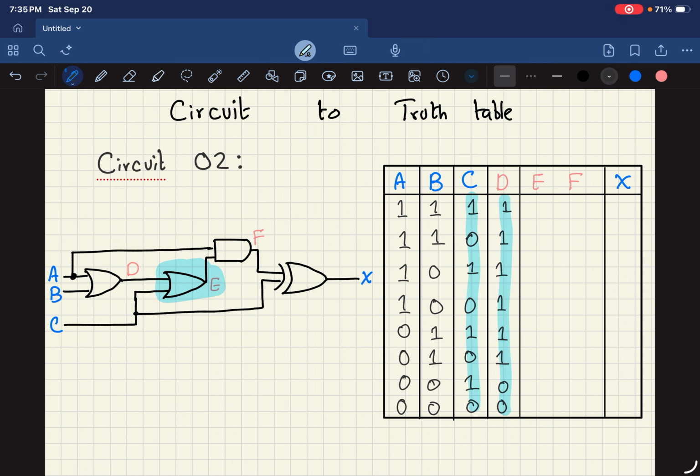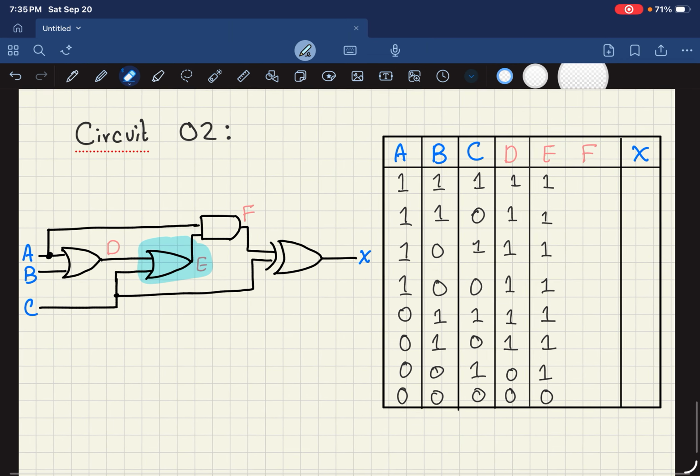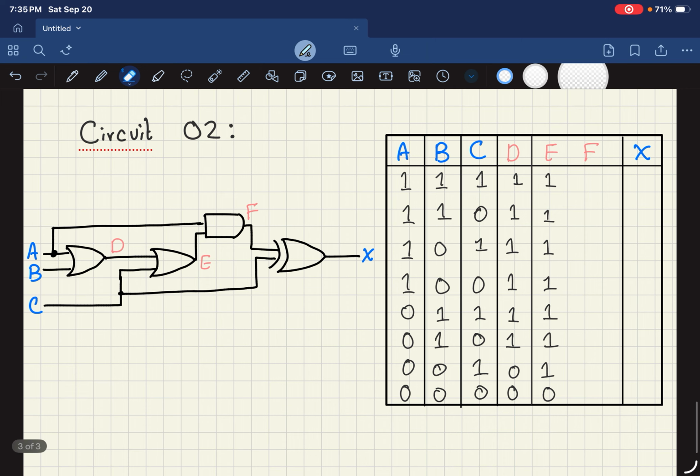So we will focus on C and D only, and again, this is an OR gate. So 1 1 gives out a 1, 0 1 gives out a 1, 1 1 gives out a 1, again 1 1 1, again 1, and only in the final one do we get both inputs as 0, so that will give out a 0. So that's our answer for this gate. We have evaluated E.